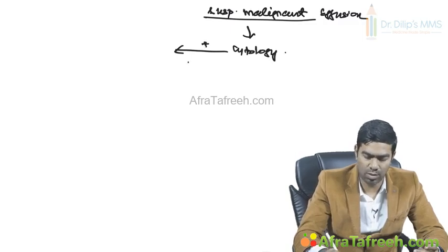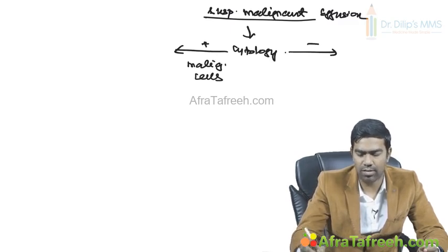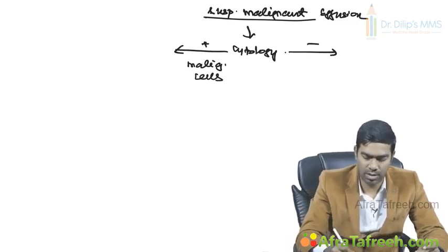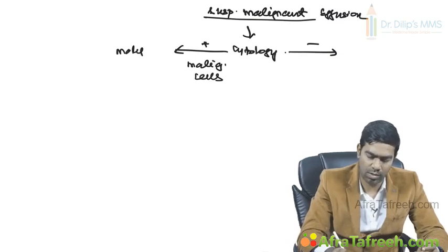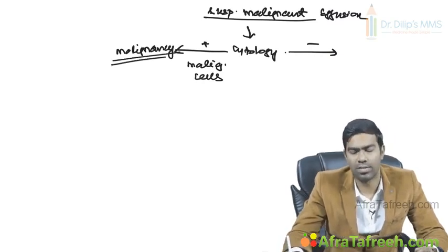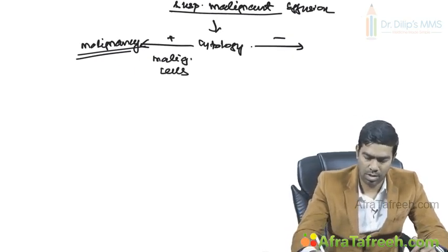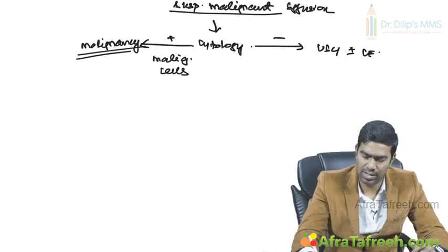If the cytology is showing malignant cells, straight away you can diagnose it's definitely a malignancy. There's no doubt about that. There's no need of any further investigations. If the cytology is negative, which is the case in most scenarios, you can do an ultrasound plus or minus a CT contrast of the chest. We call it a CECT chest.